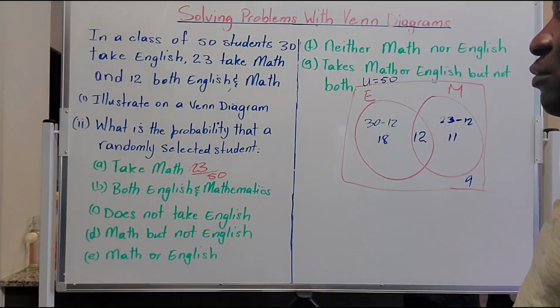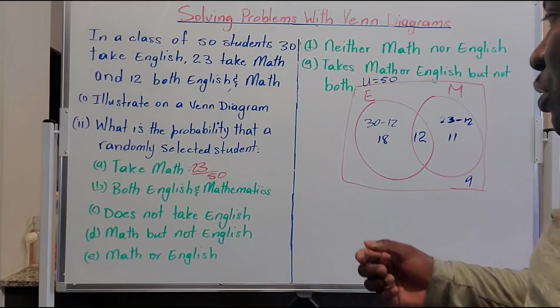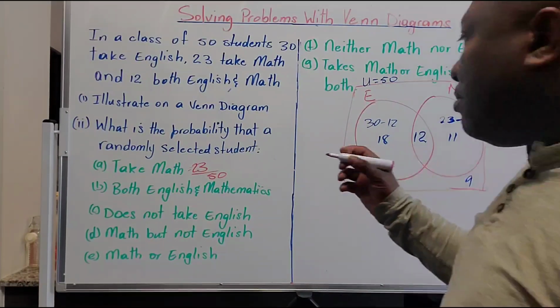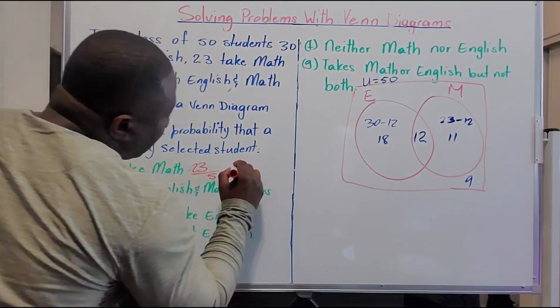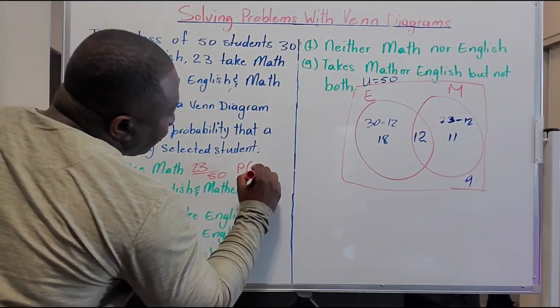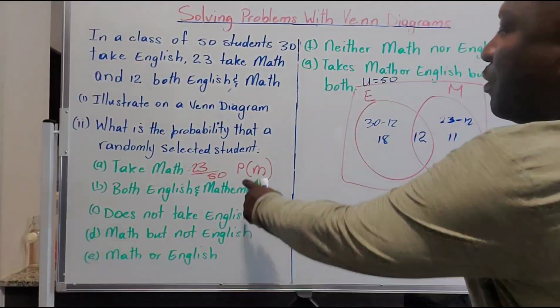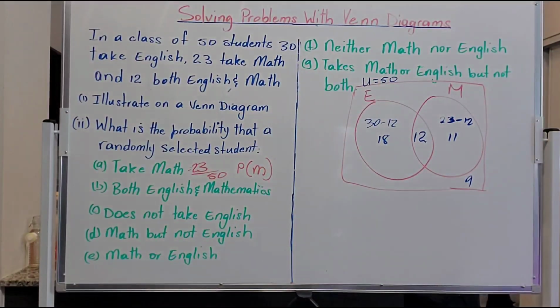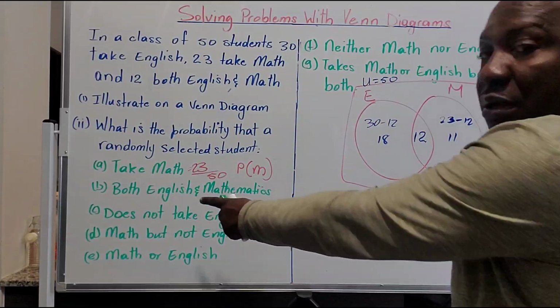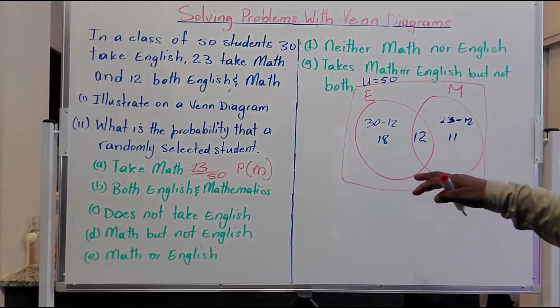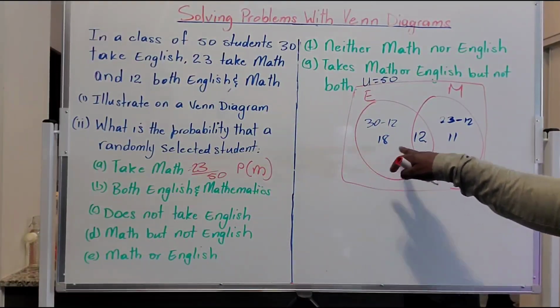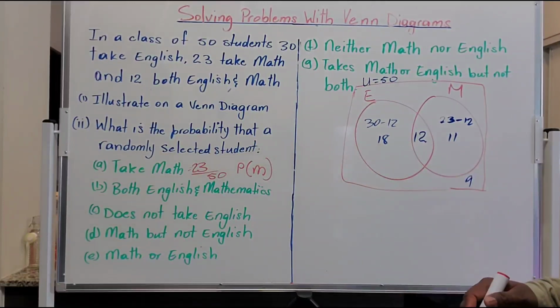Alright, so the probability of a student doing math, which is M, or some may see it being written as P. That's the probability of students doing math. Next, what about the probability of students doing both maths and English?